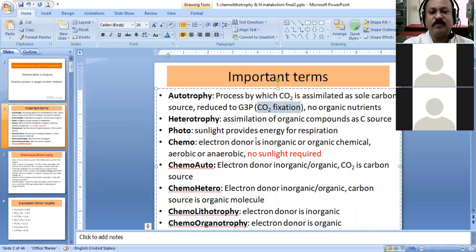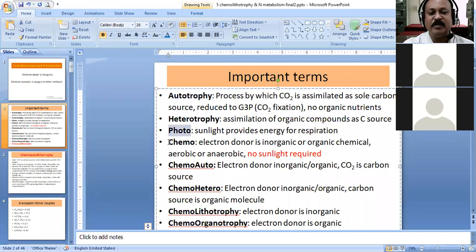In the case of heterotrophic organisms, the carbon source is an organic molecule. Then the term photo, as in photoautotrophic or photoheterotrophic, means that the energy from sunlight is used for respiration or for photosynthesis.